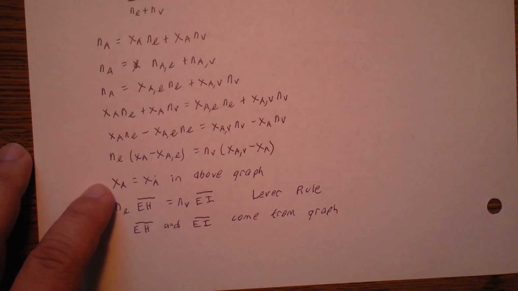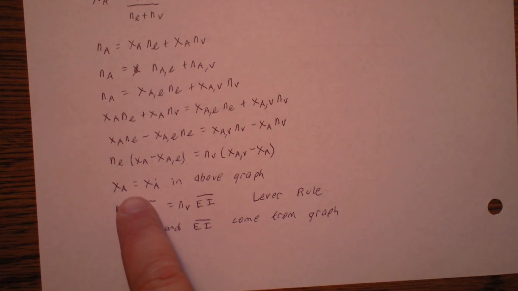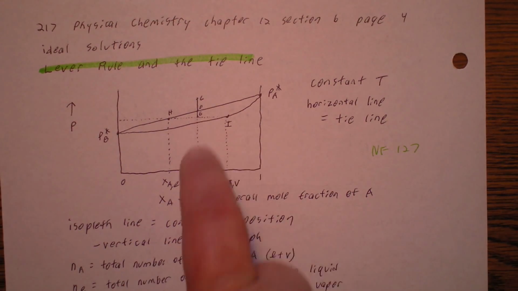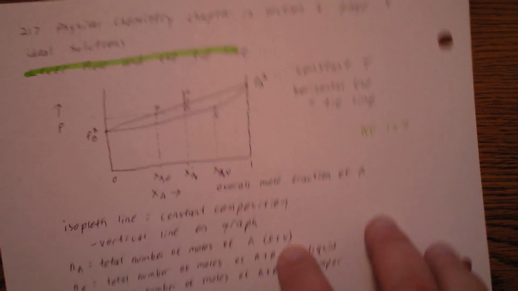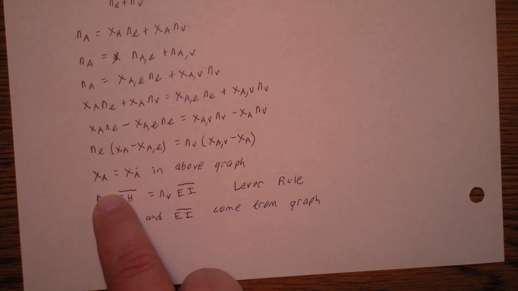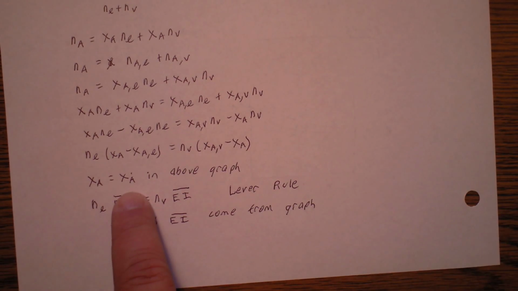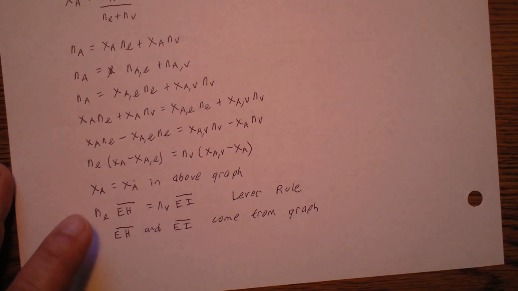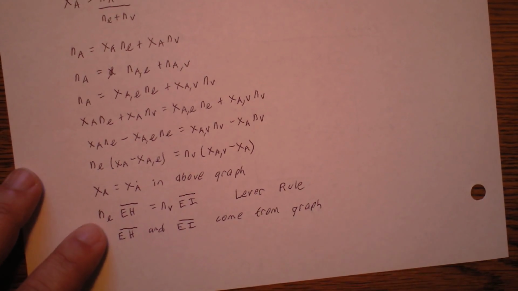Now, let's see, where was I? So the mole fraction of A, if we're talking about this line up here, we're at XA prime right now. So draw in a line segment. This is a mathematical notation.